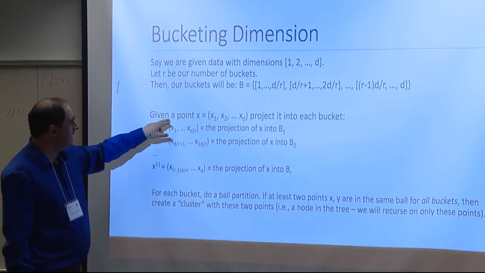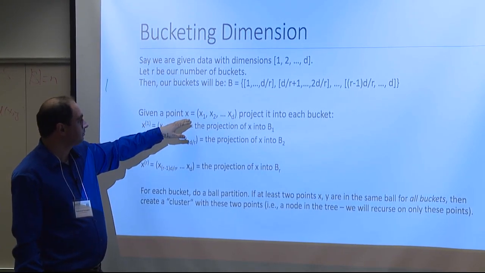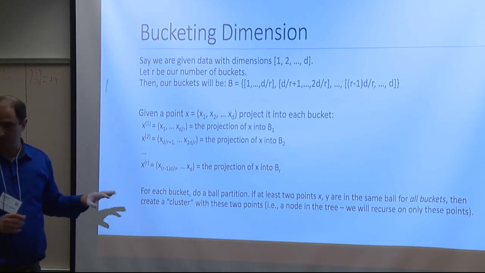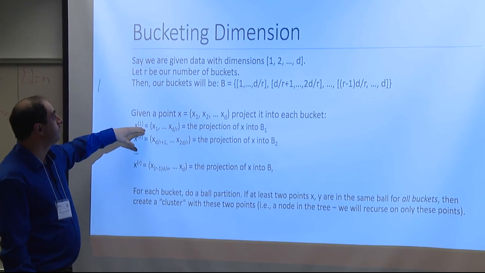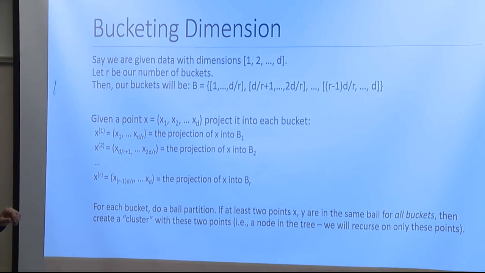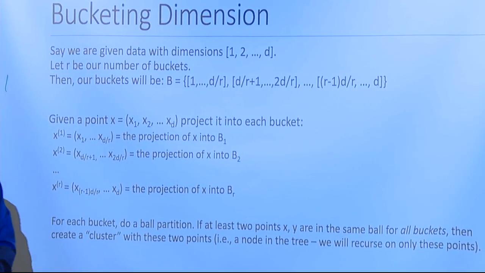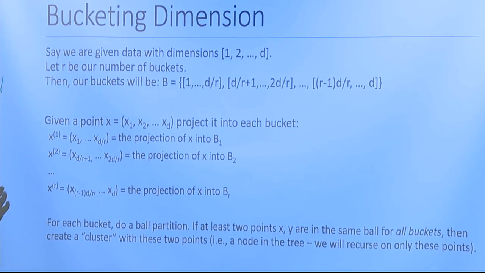Now, given each point x, you project it into each of these buckets separately: the first set of coordinates, the second set of coordinates, and so on. For each bucket, you do a ball partitioning, the ball partitioning of Charikar et al.